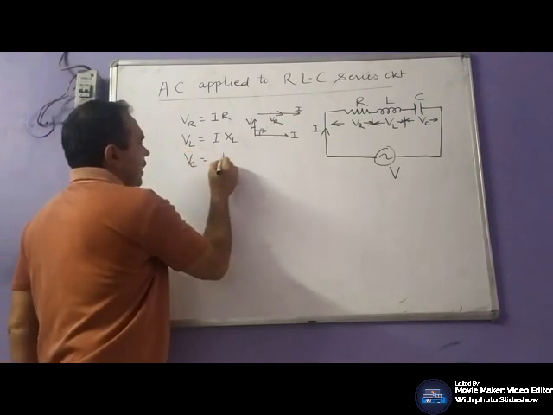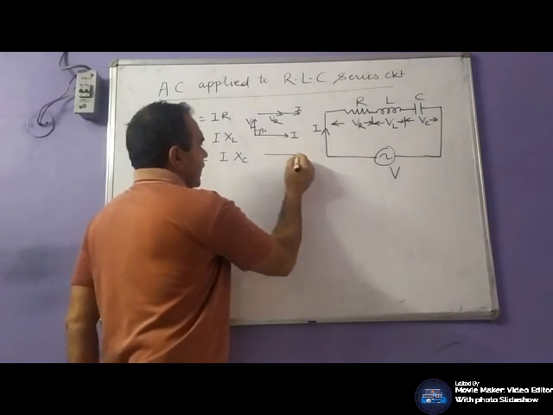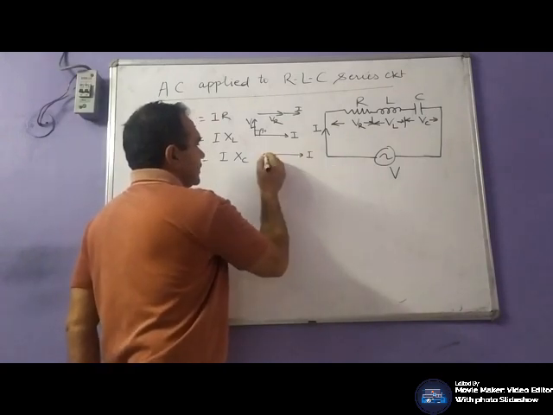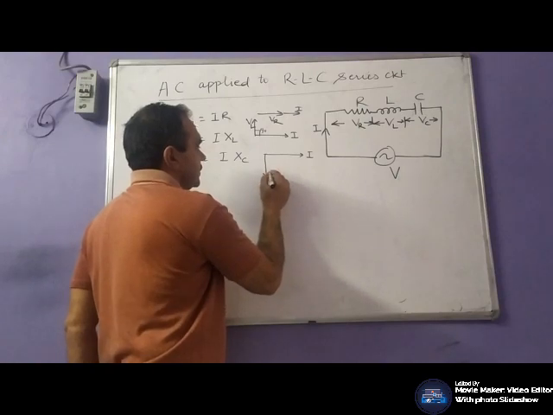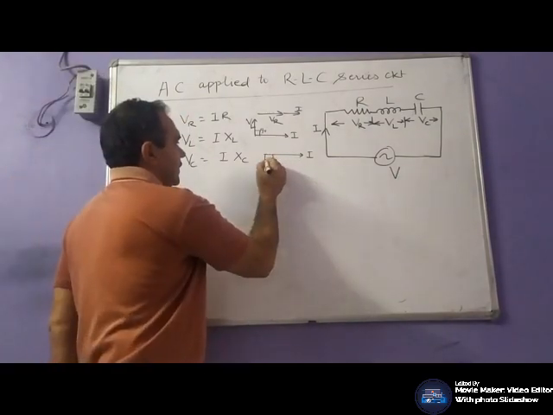VC is I into XC, where your current leads the voltage VC by 90 degree.